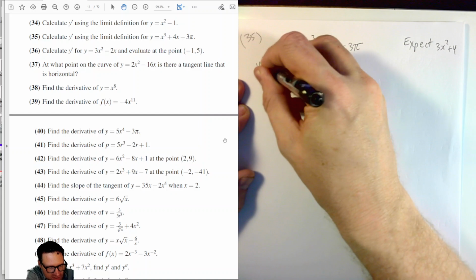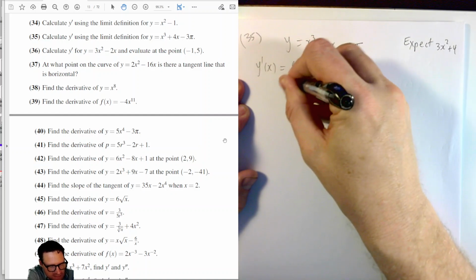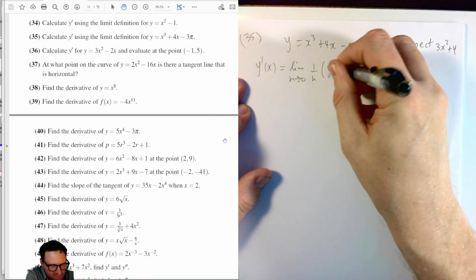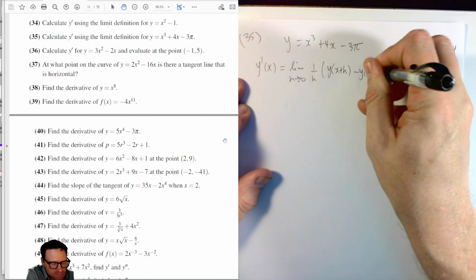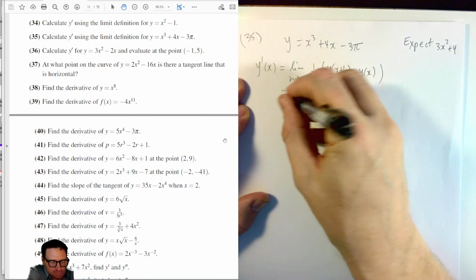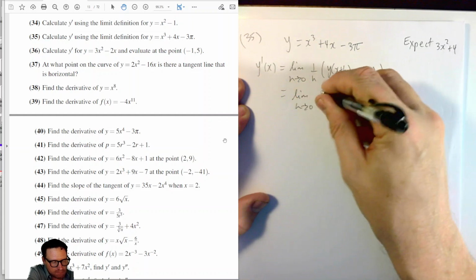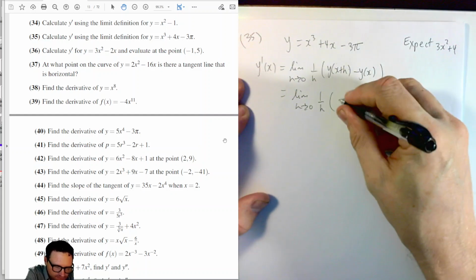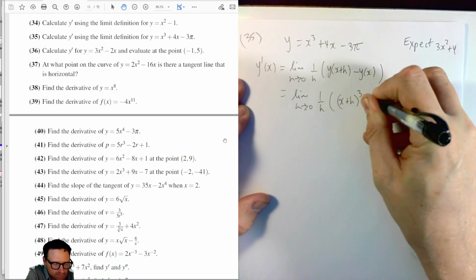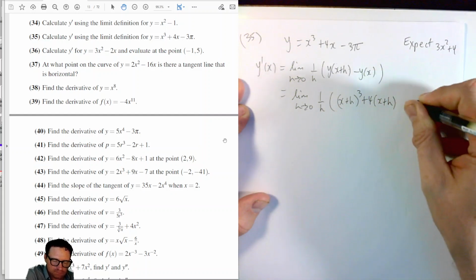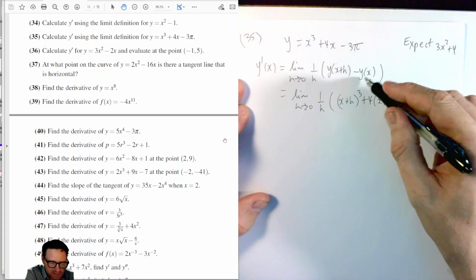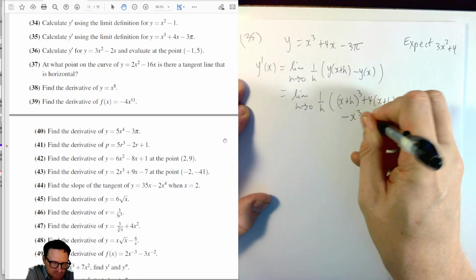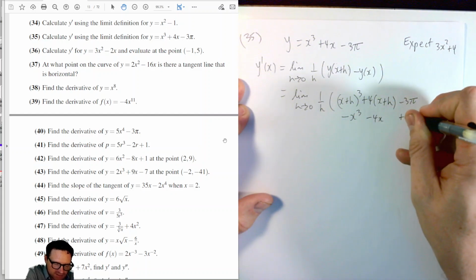Okay, so y dash of x equals the limit as h goes to 0, 1 on h, y of x plus h minus y of x. Okay, replacing x with x plus h where all the x's are there. And then let's subtract y of x, which is this. So minus x cubed minus 4x, and that would be plus 3 pi.